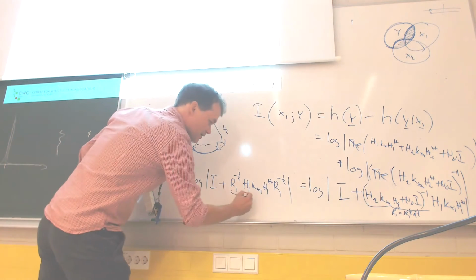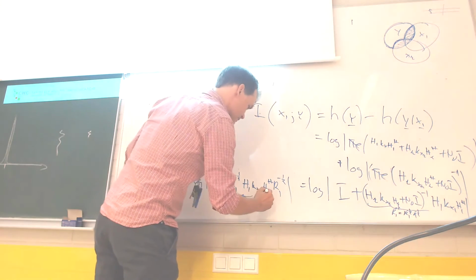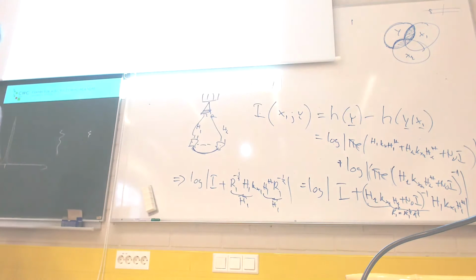So basically you can then call this a whitened channel, the equivalent channel of user 1 after whitening it.